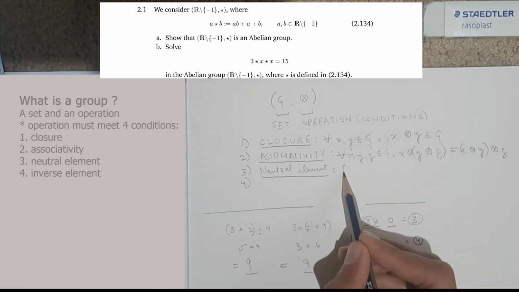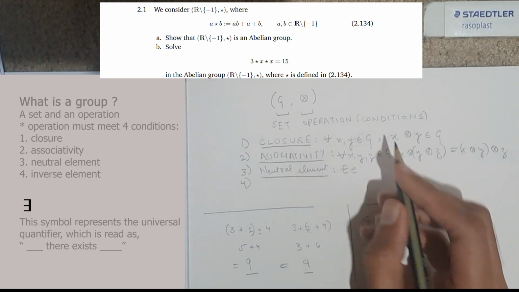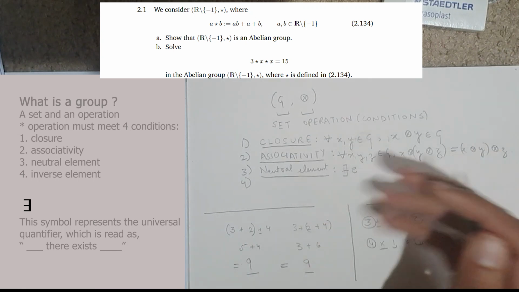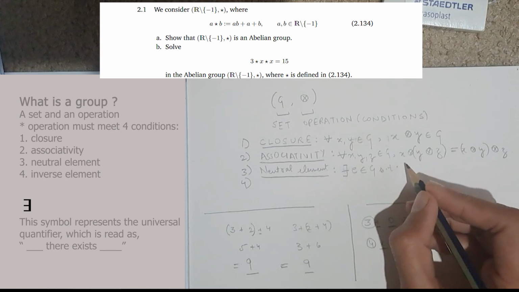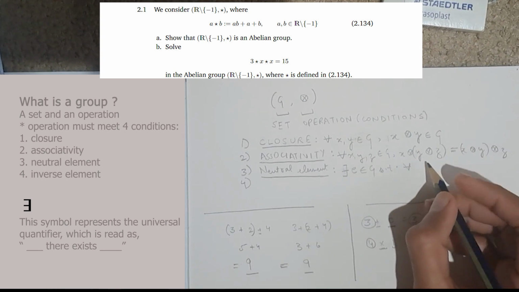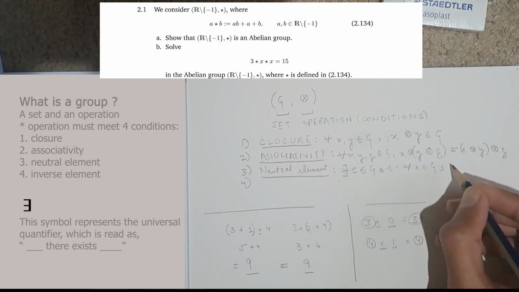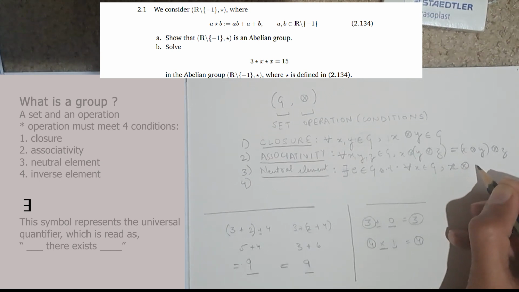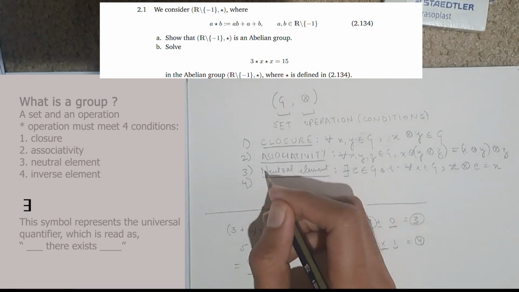This is expressed as there exists an element E, sorry, this needs to be the other way around. This is called an existential quantifier. There needs to be an E in G such that for all elements that are in G, E operate X, or you could go X operate E, always gives X. This is a neutral element.